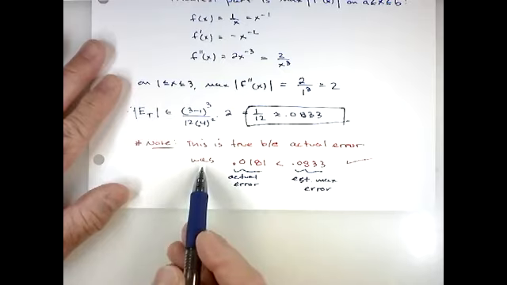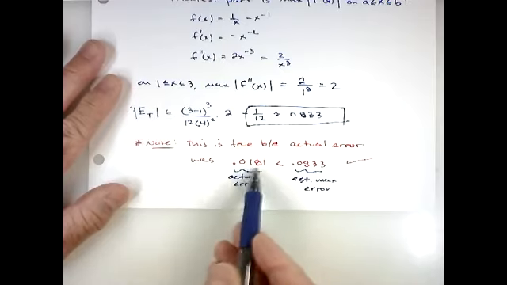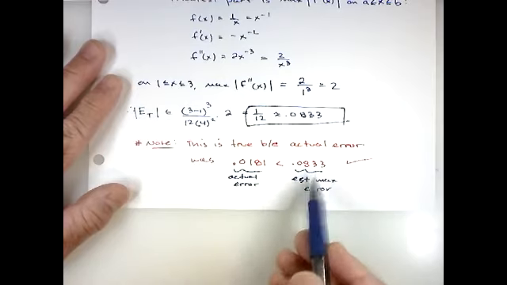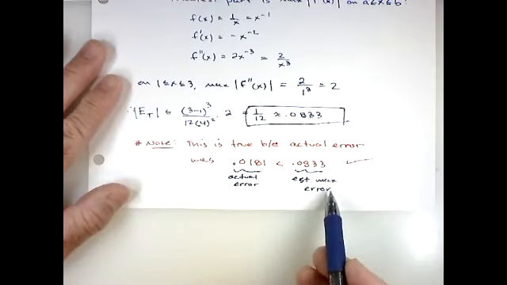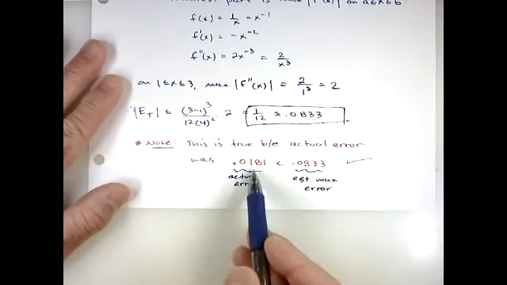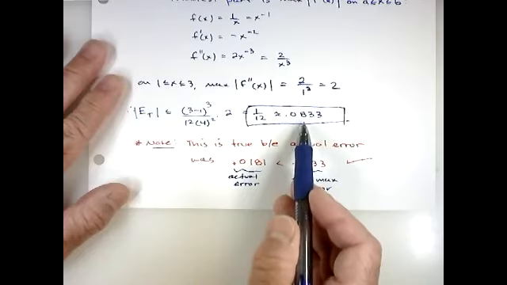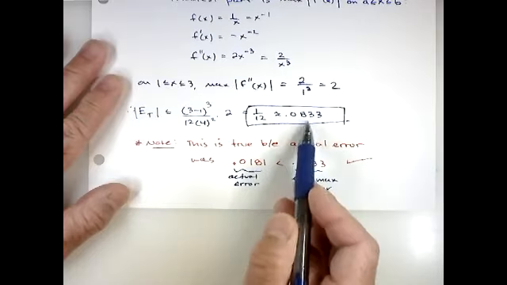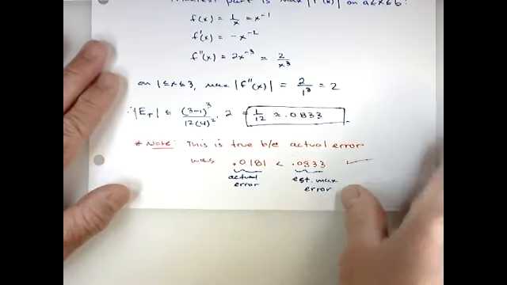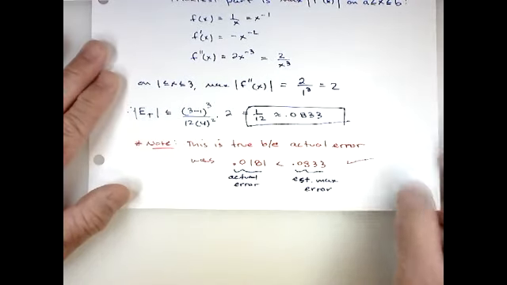And we can confirm that this was true because we actually were able to compute the exact error, 0.0181, and it was less than 0.0833. So notice this isn't even really necessarily that close. It's just an upper bound. My error cannot be any worse than that, and it definitely was not any worse than 0.0833.